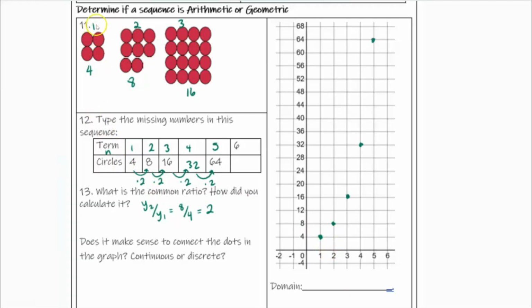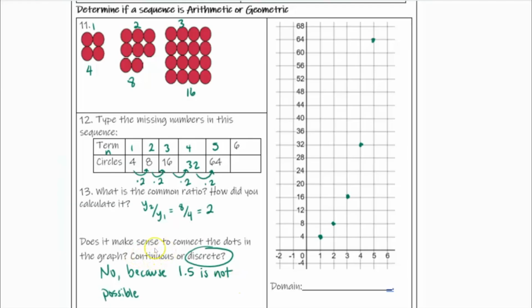In sequences, it always goes 1, 2, 3, 4. There is no in between. So in this case, does it make sense to connect all the dots? No. Therefore, that makes it discrete. So no, I cannot connect it because 1.5 is not possible.